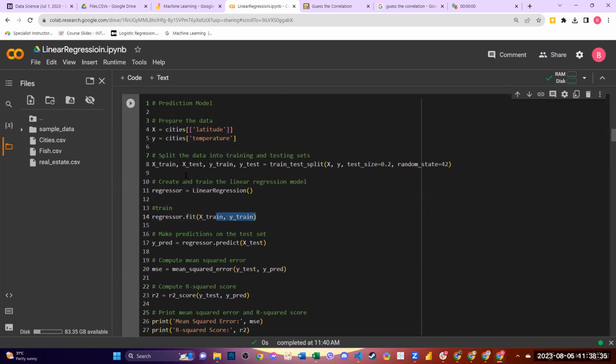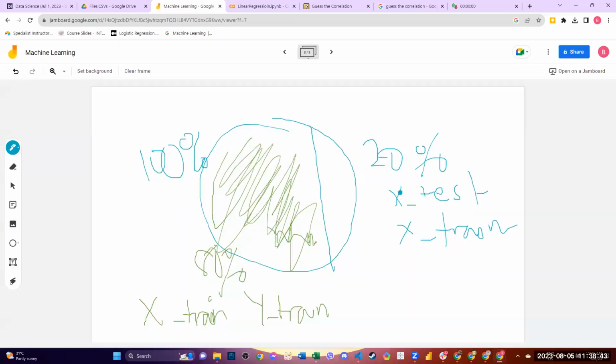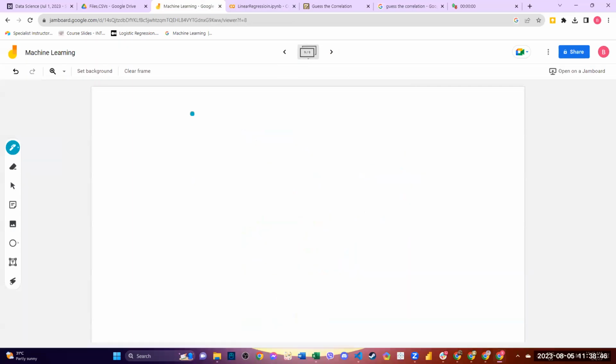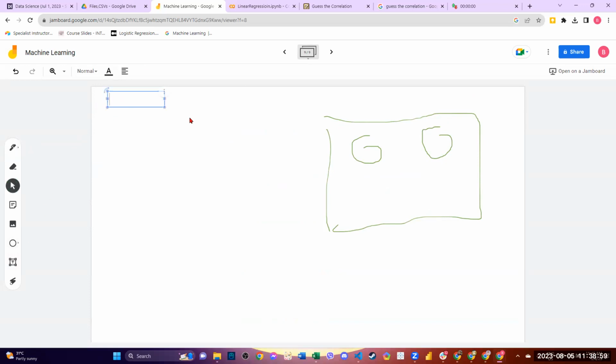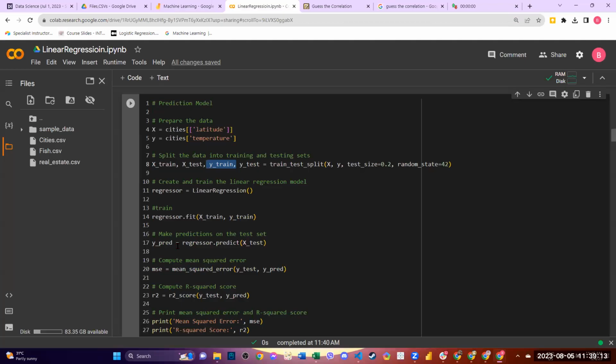So where did it come from? It came from X train and Y train. So what I mean is in our training, in our model, our model is the robot. So this robot is being trained. So the machine is being trained with what? Saan siya tinitrain?